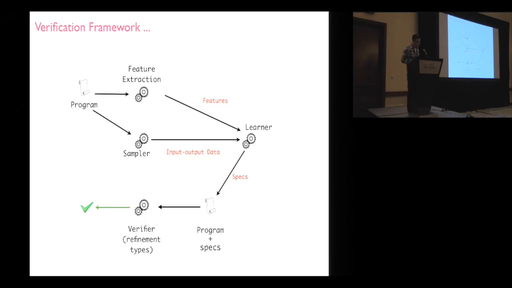In our paper, we present a verification system that can validate such hypotheses for data structures. The verification system is based on a refinement type system, so verification condition generation reduces to subtype checking.